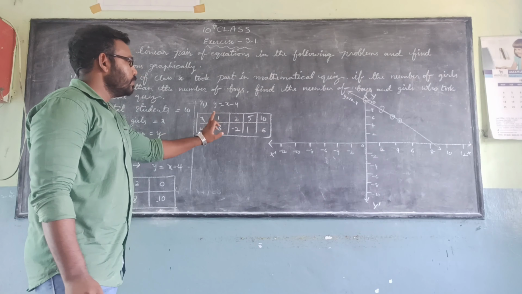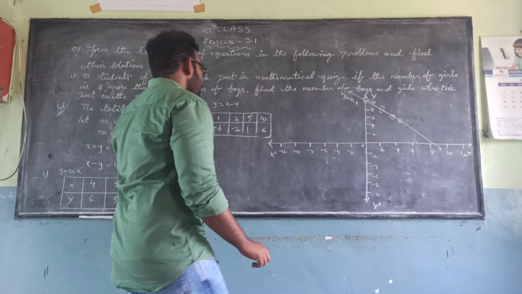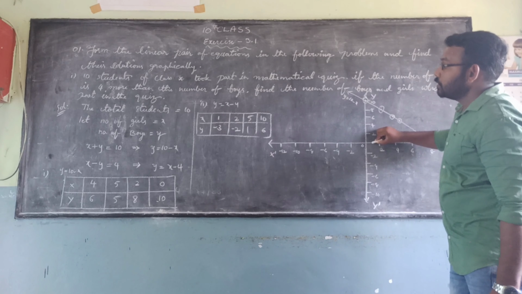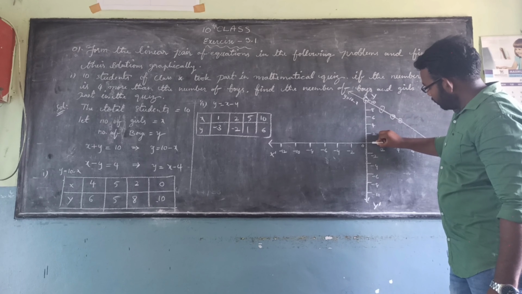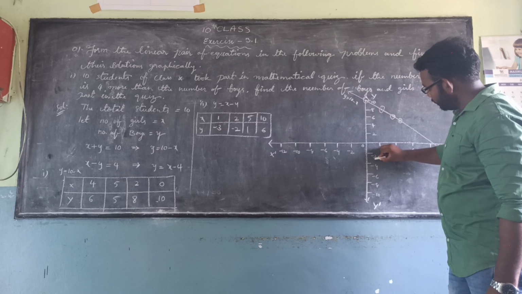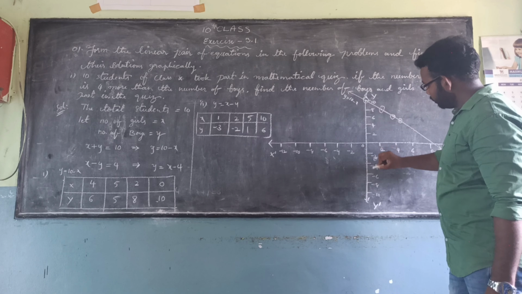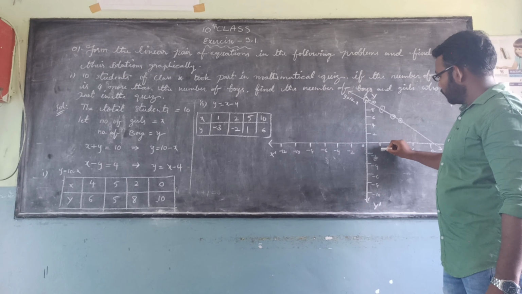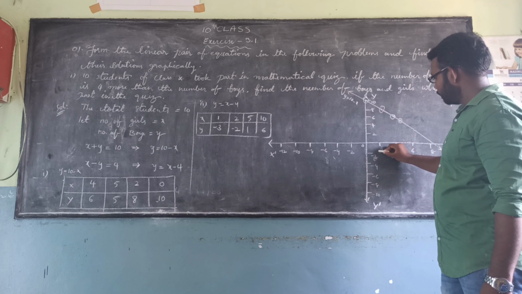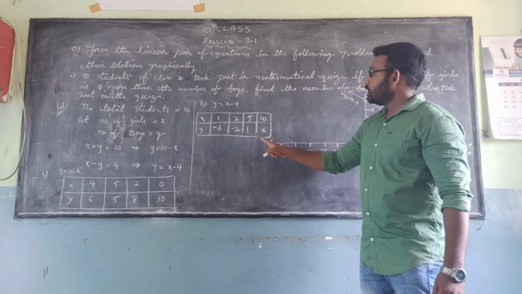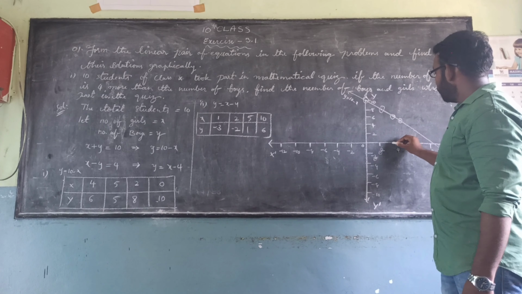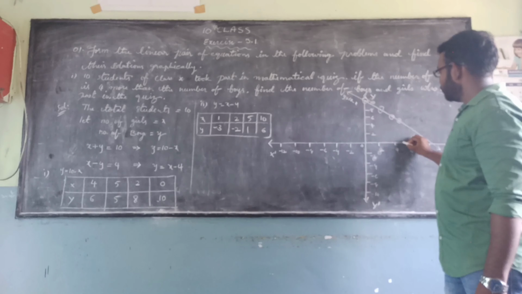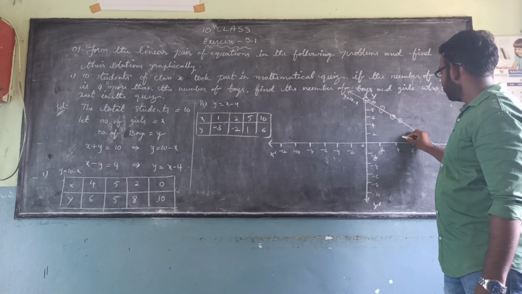Now represent this equation also on the graph. x is equal to 1, x equals 1 here, and y is equal to minus 3 is here. Now x is equal to 2, y is equal to minus 2. Now x is equal to 5, y is equal to 1 here.